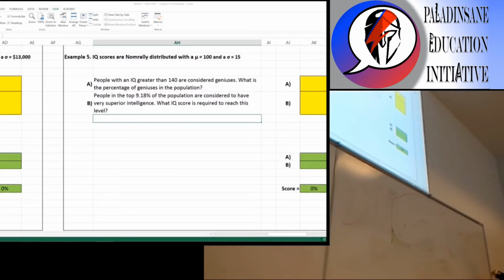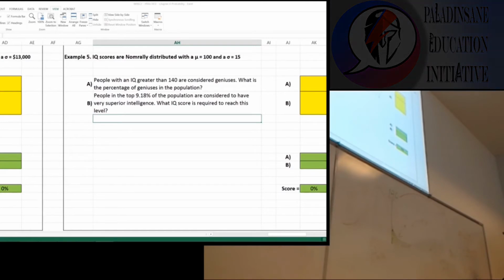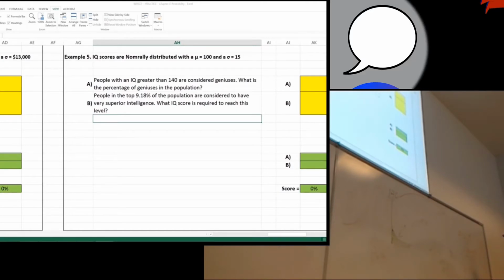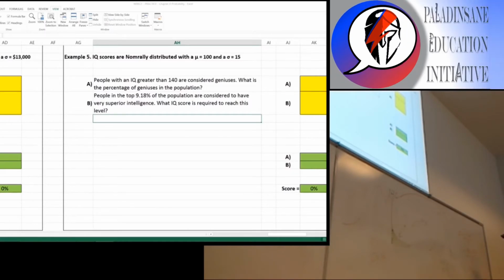So we plug in our raw score, which is 140, that's the IQ, minus the mean, which is 100, all of that divided by the standard deviation, which is 15. So we get 40 divided by 15, and I think that's, what, 2.3, 2.6.